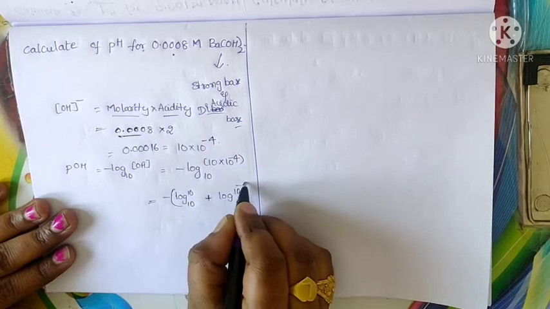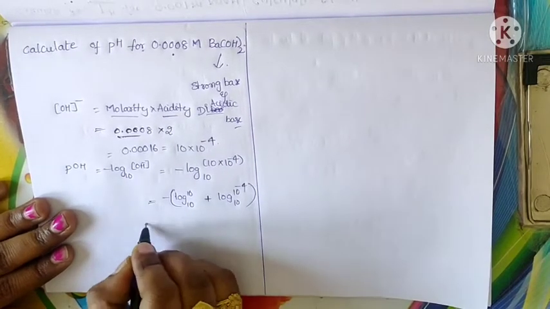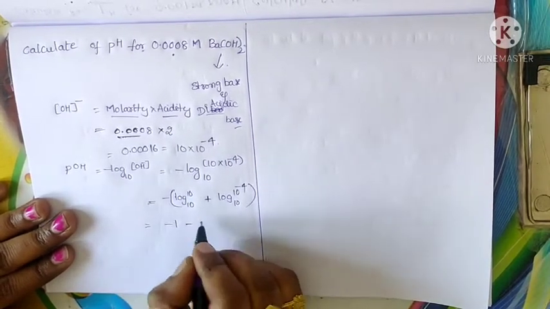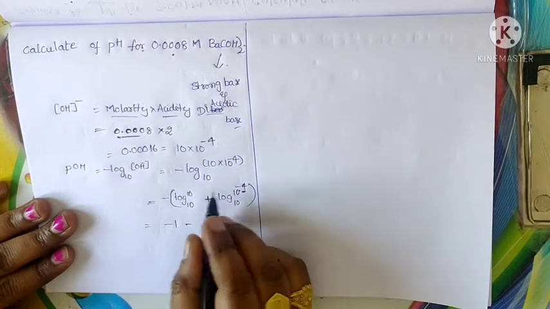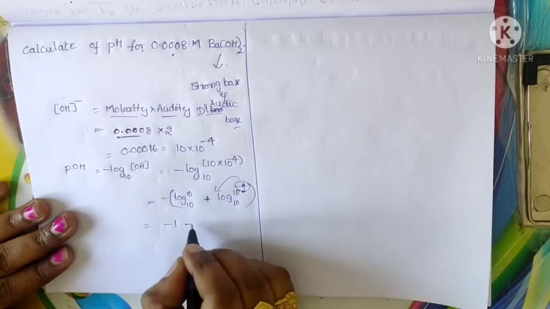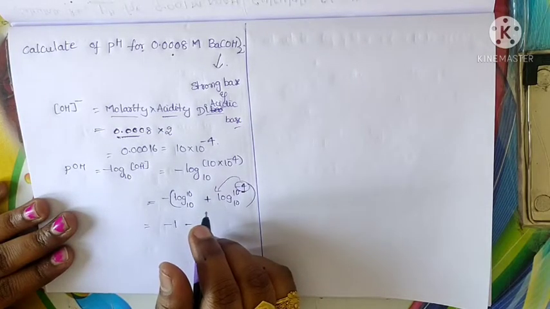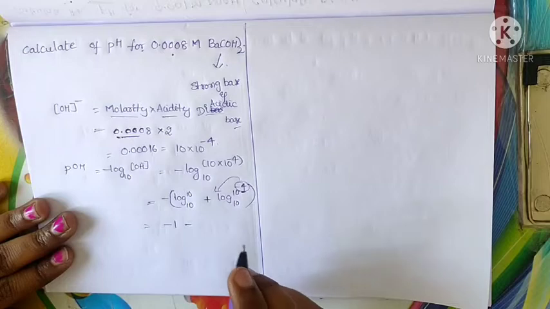Okay students, I divided like this: log AB is log A plus log B. So minus of log 16 and log 10 power minus 4.